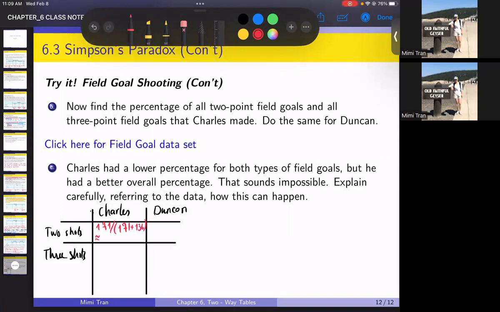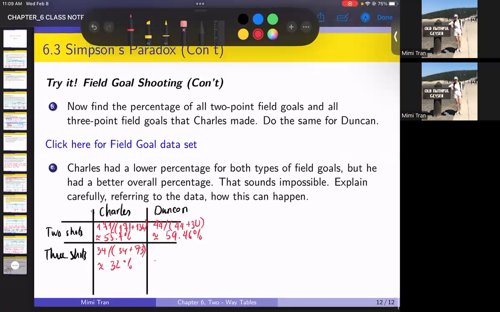And then the result is 55.7%. And then for Duncan it will be 44 divided by the total of 44 plus 30. And then the result is 59.46%. For three-shot, 34 divided by 34 plus 73, 32%. And then the same thing, 38%.